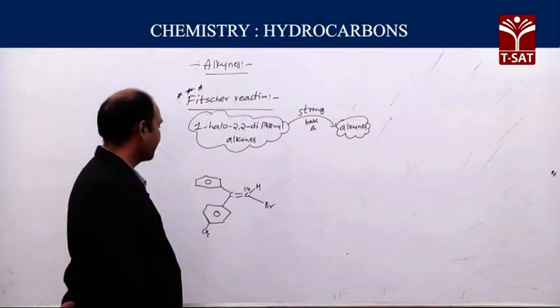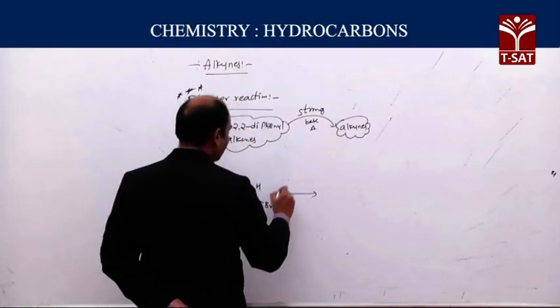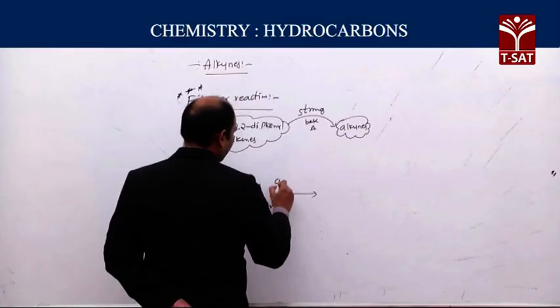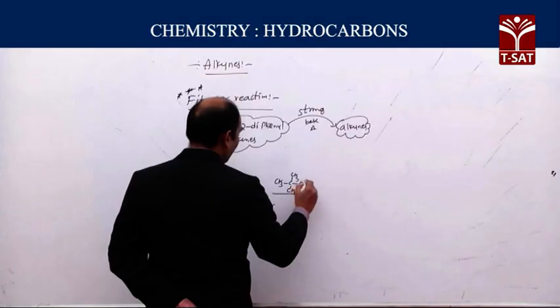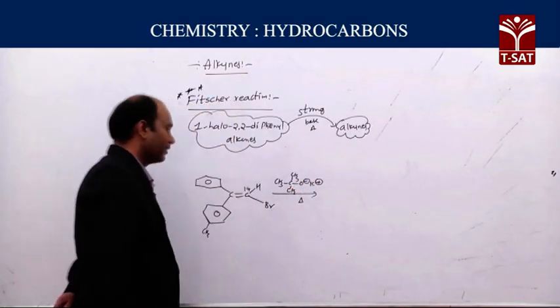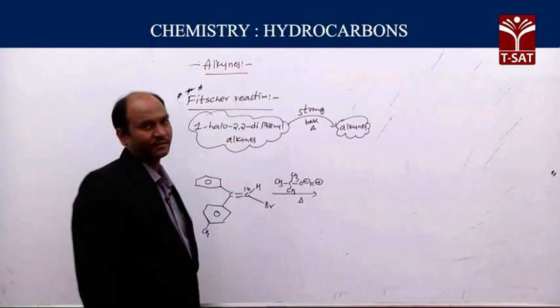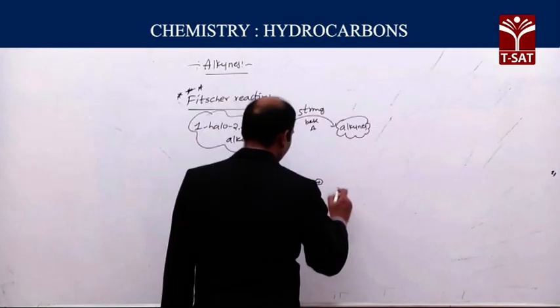In this reaction, first of all it is treated with a strong base, CH3O- K+, and heated. This is potassium tertiary butoxide, a strong base. So what we get is this compound.